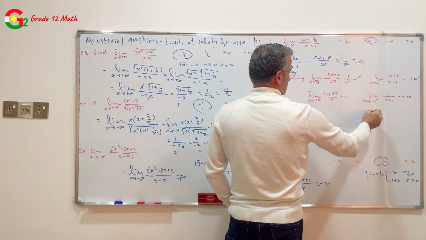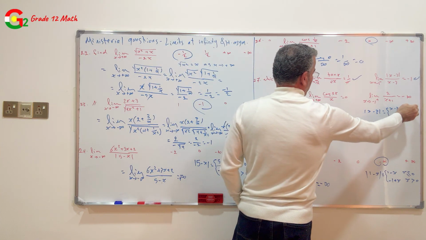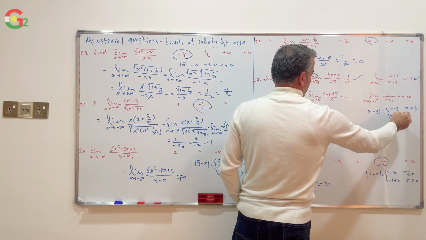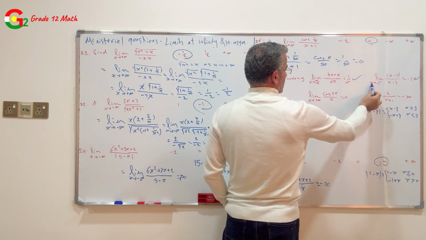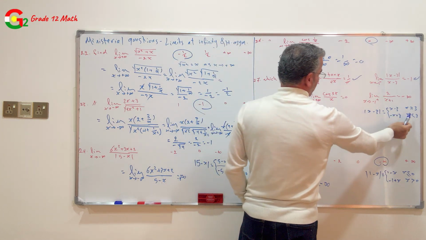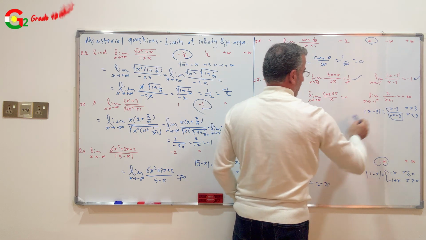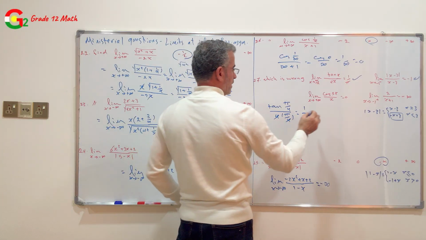absolute value x minus 3 equal to x minus 3 when x greater than or equal to 3, negative x plus 3 when x less than 3. And since x approach to negative 1 is less than 3, we substitute every absolute value x minus 3 with negative x plus 3.